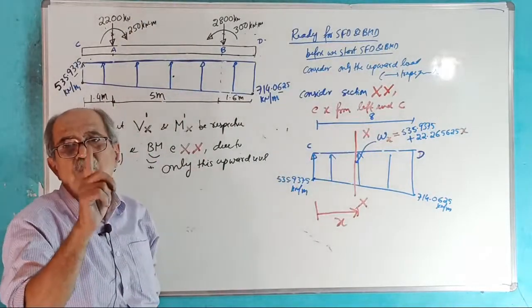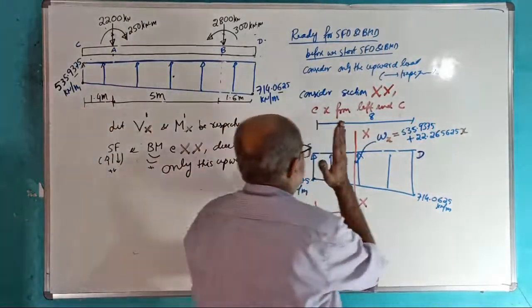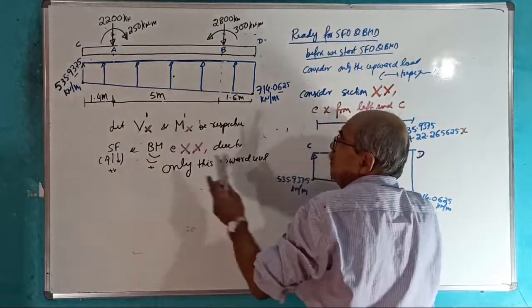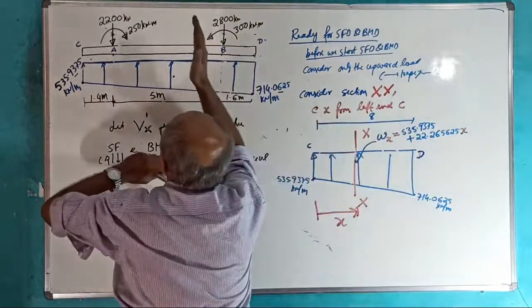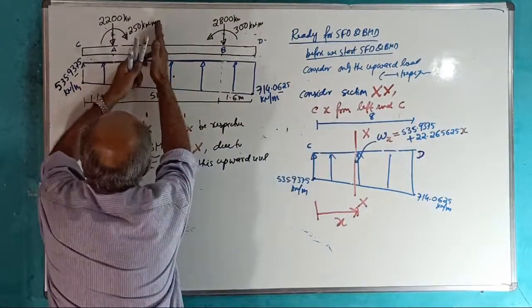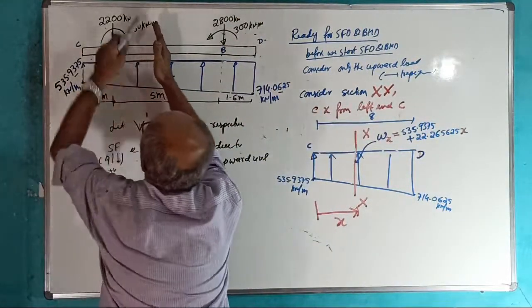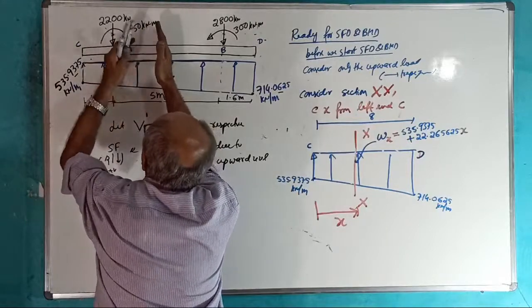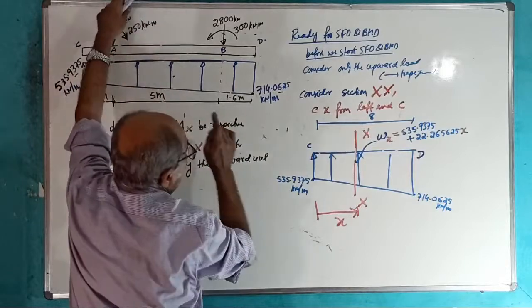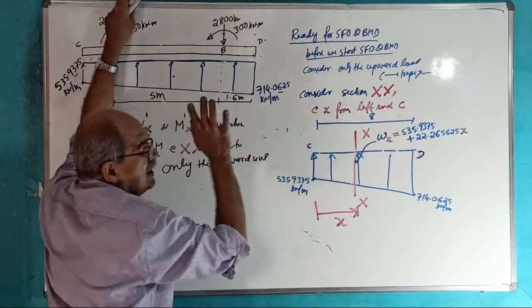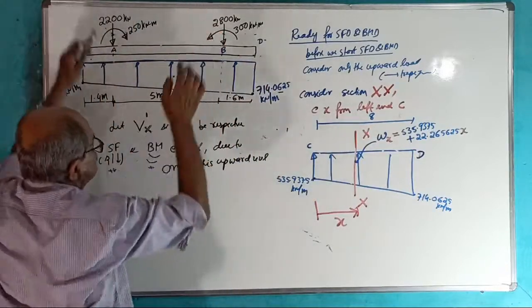Only due to upward UVL means if I look at the left side, what is the shear force, what is the bending moment? It is not the real. If I stand here, real shear force is this load and that load is there. Real BM is this BM and that BM will come. Considering only UVL, everything else gets out.